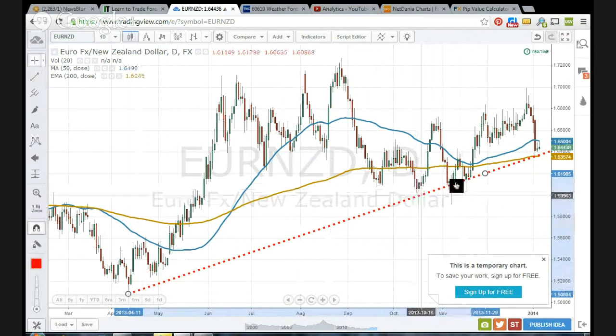Almost gets tested here. Here's a clear test. We have a long wick, so the bulls did defend it. Bulls defend it here again, and here we do see a pattern of higher lows. Formed a low here, and the next low was a little bit higher, and of course the higher lows go back to here. So I do think there are enough signs to suggest a bullish trend.